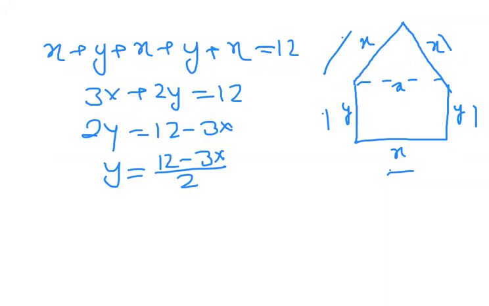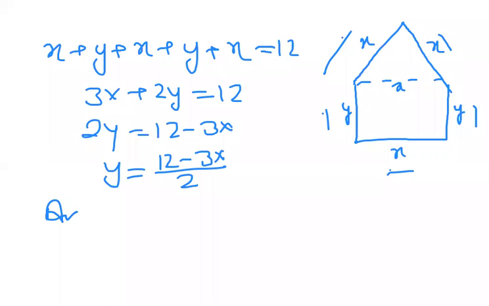This is with us how to convert one to another. Now, main part, find the dimensions of the rectangle so that it may produce the largest area of the window.